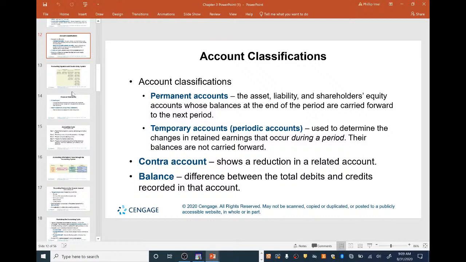So balance. What is a balance account? This is going to be the difference between the total debits and credits recorded in that account, okay? So if we're making a journal entry and we need to balance the account out, say we've disposed of a fixed asset where the fair value is greater than the carrying value. When we're selling that, we're going to debit cash because we've sold an asset, right?